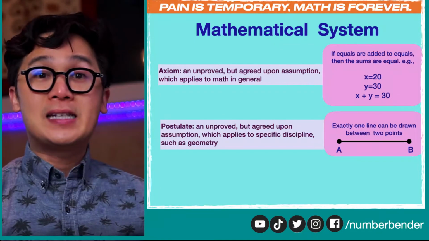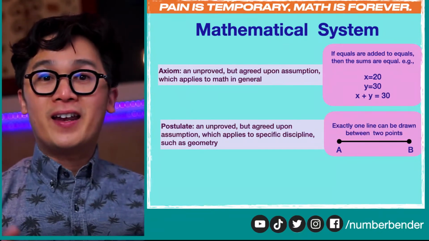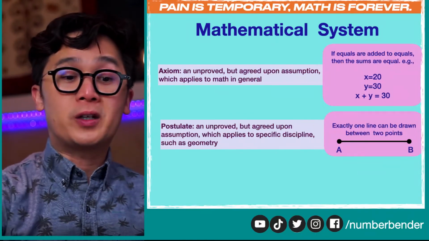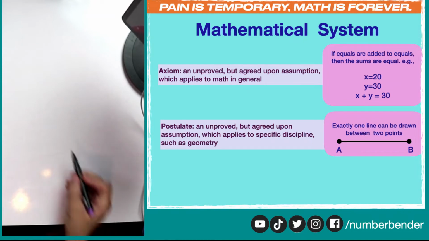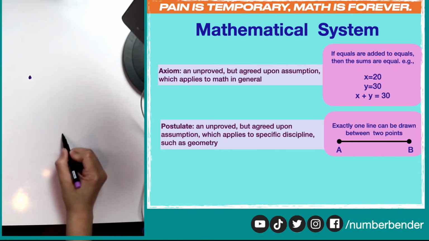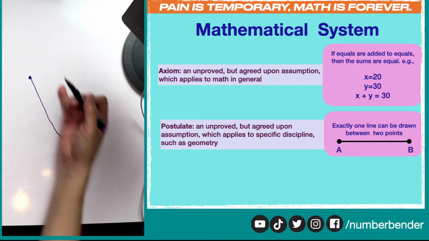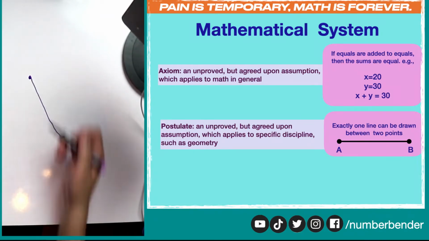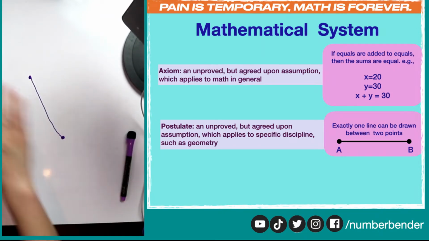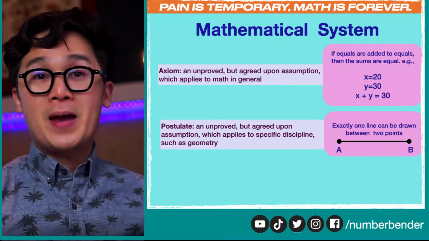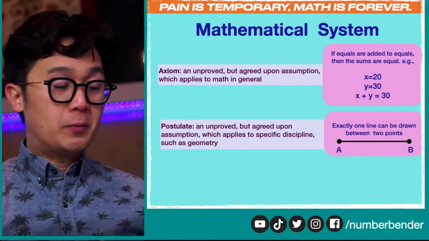If we are given any 2 points and we connect them, we'll create a line. It may not be too straight, but we know that it will create a line, and that is what we call a postulate, an agreed upon assumption specific to geometry.